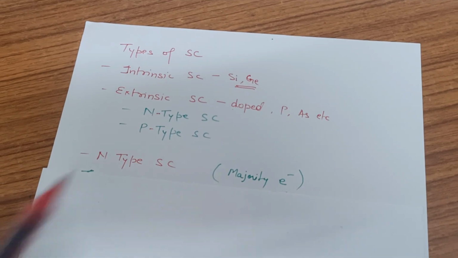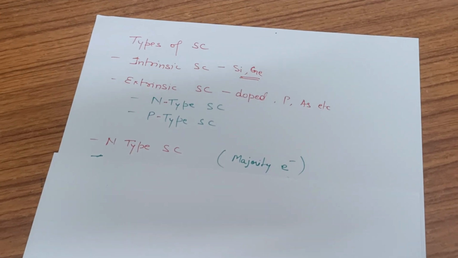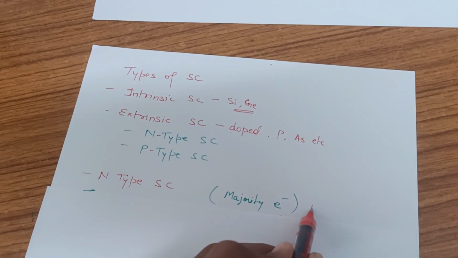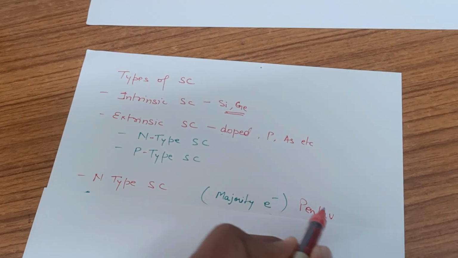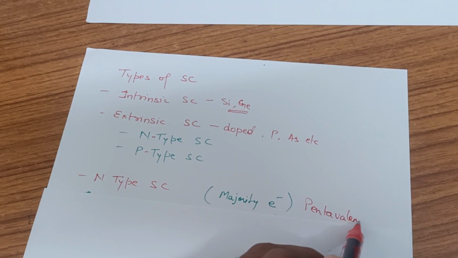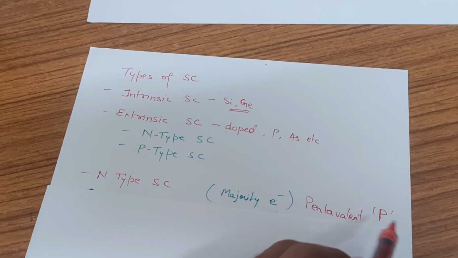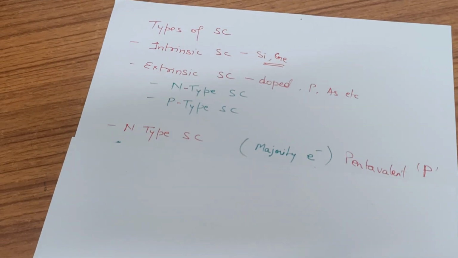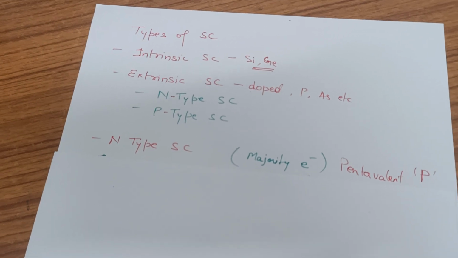In the n type semiconductor we add pentavalent impurities like phosphorus, which give an extra electron to the semiconductor that can generate a moving electron, so the conductivity increases.